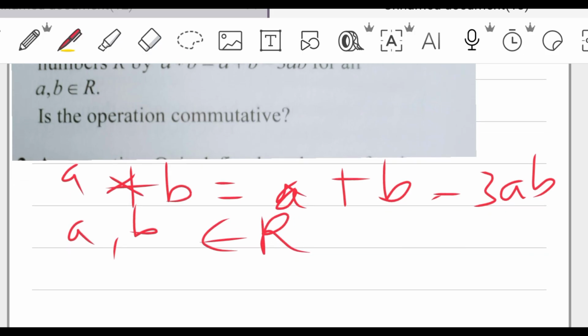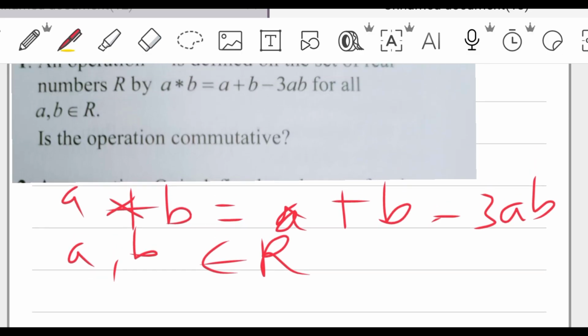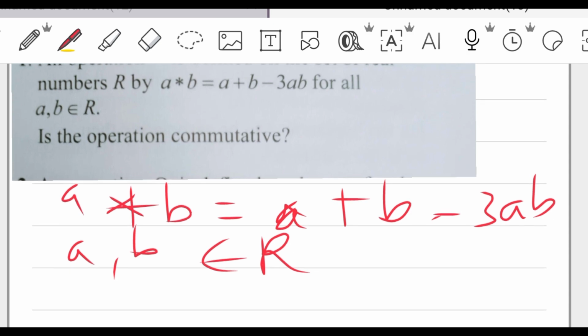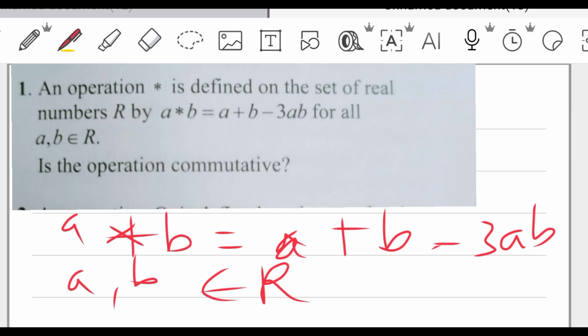Remember, this binary operation is basically a closure property of real numbers. So we have to prove or to show whether or not this operation is commutative.